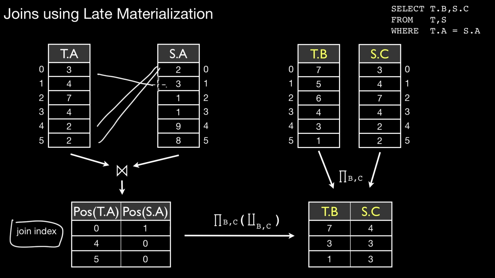Those 2 tuples match, and therefore we found a join result here. The same holds for these two tuples. Here we had a 2. This 2 matches this first tuple here. So we have an entry 4, 0. That's this one, and another is 5, 0.